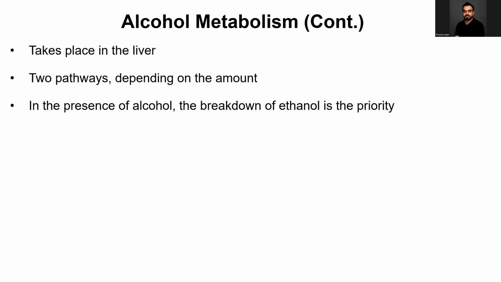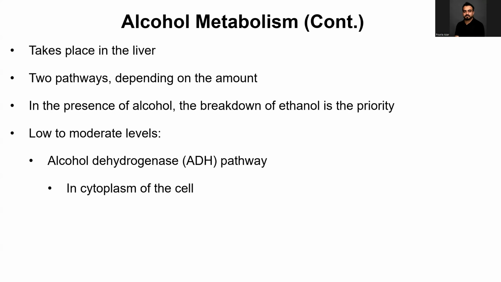In the presence of alcohol, the breakdown of ethanol is the priority. So our body prioritizes alcohol metabolism because it's a toxic compound to our cells. So the liver prioritizes the breakdown of ethanol in the presence of alcohol.